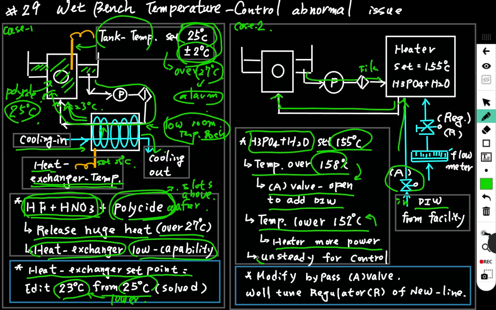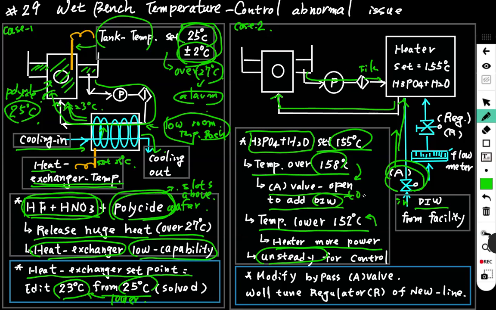And it's unsteady for control because the air valve opens and lets too much DI water in.